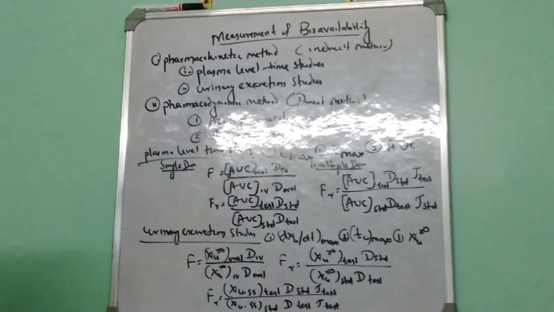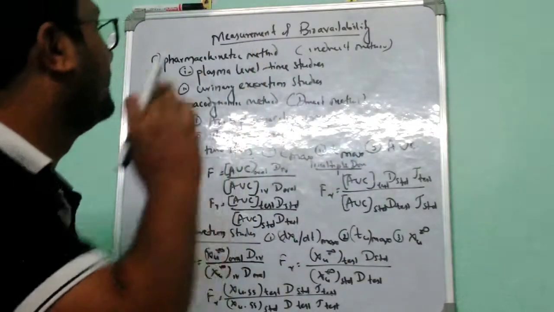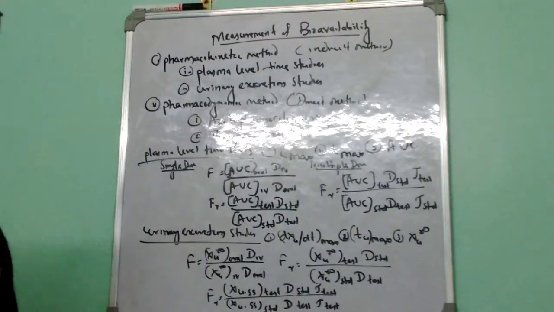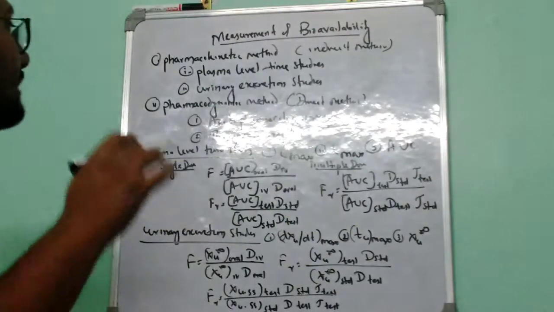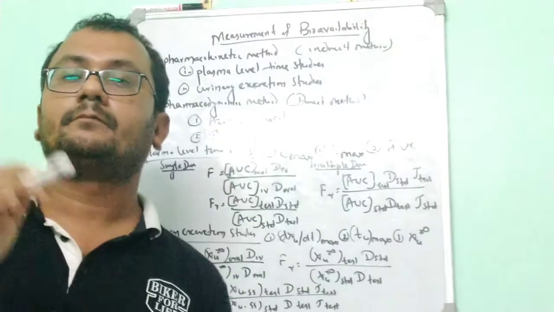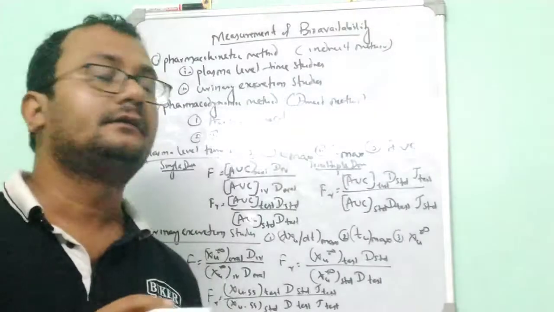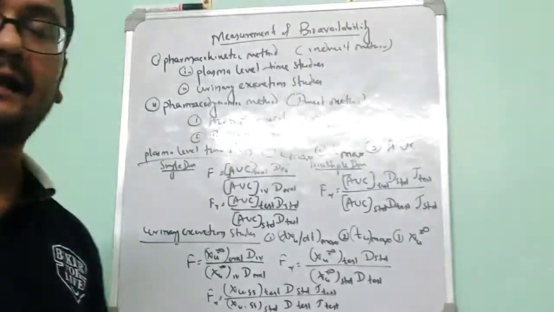Now let us go to the main part, the measurement of bioavailability. In the measurement of bioavailability, there are different types of methods. One is the pharmacokinetic method, another is the pharmacodynamic method. The pharmacokinetic method is also called the indirect method, and the pharmacodynamic method is called the direct method.